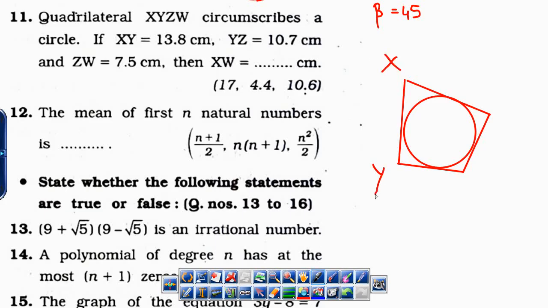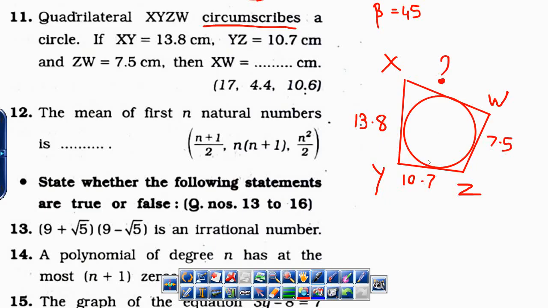X, Y, Z, W. So first remember the figure. Circumscribes means this figure. XY 13.8, YZ 10.7, ZW 7.5, XW how much?